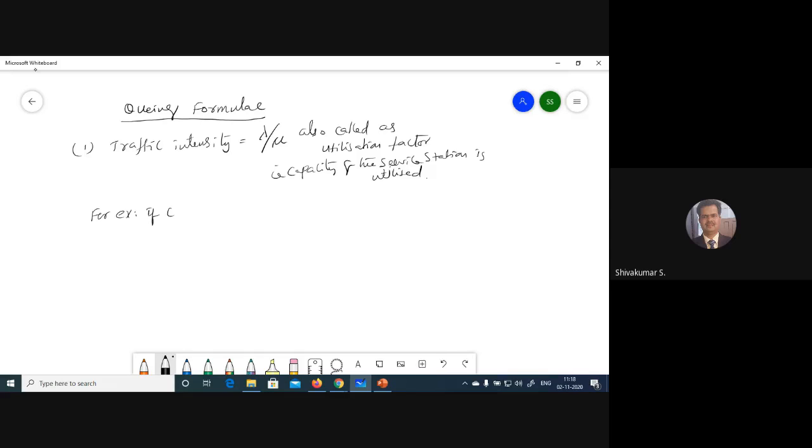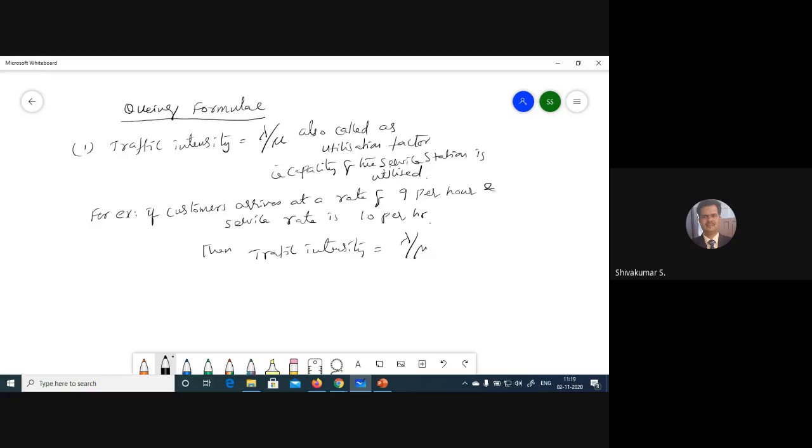If customers arrive at the rate of 9 customers per hour and the service rate is 10 per hour, then traffic intensity is equal to lambda by mu, that is, arrival rate by service rate.